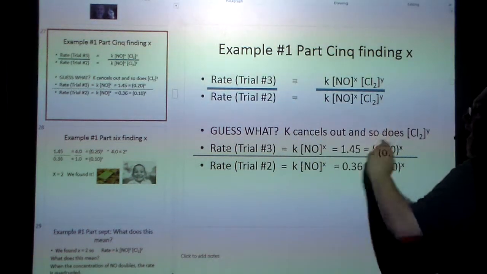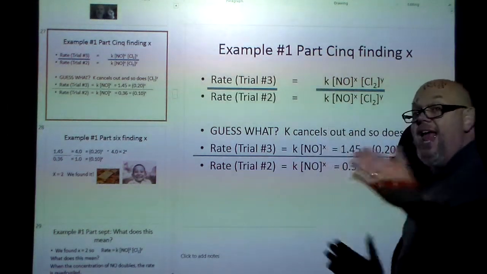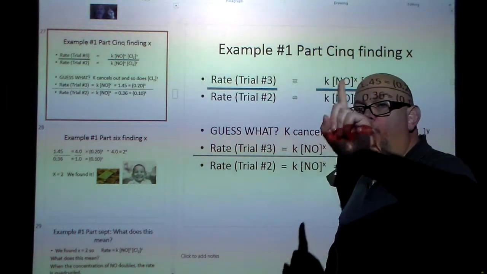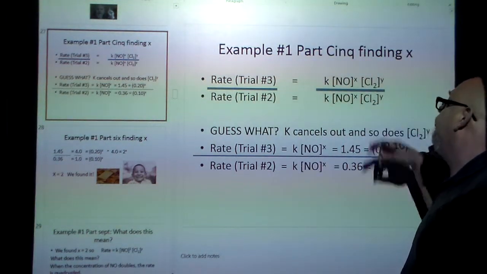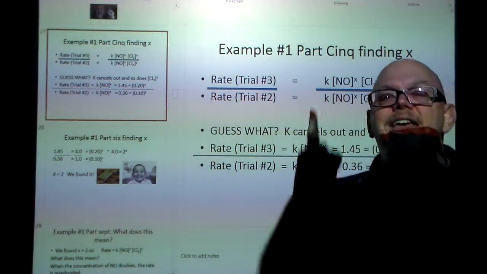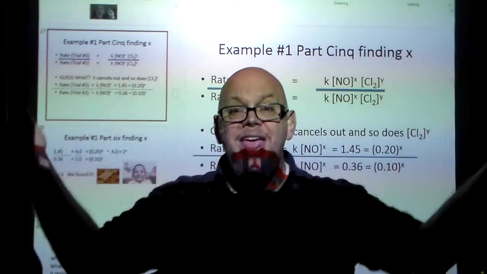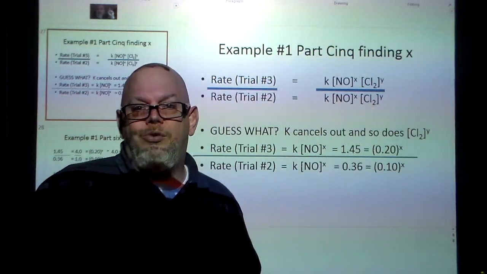Same idea. Now, the really cool part is that the K's can cancel out because anything over itself is 1. And the Cl2 to the Y, they get to cancel each other out because they are the same concentration. They don't change, which means it doesn't matter what the value of the Cl2 is.